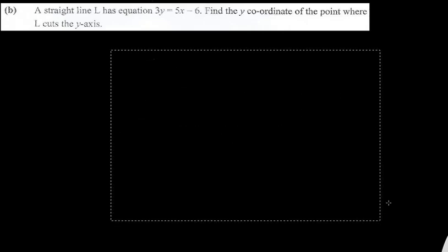Okay, so now let's get back to this question. A straight line has equation 3y equals 5x minus 6, right? Find the y-coordinate of the point where L cuts the y-axis.